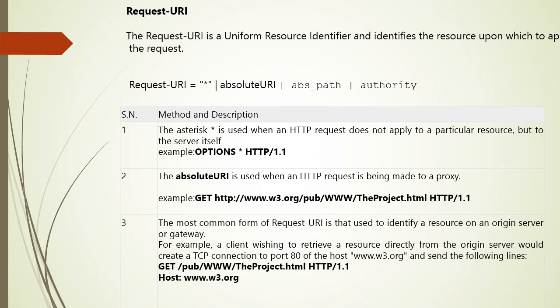The most common form of request URI is that used to identify a resource on an origin server or gateway. For example, a client wishing to retrieve a resource directly from the origin server would create a TCP connection to port 80 of the host www.w3.org and send the following lines: GET /pub/WWW/project.html HTTP/1.1 and Host: www.w3.org.